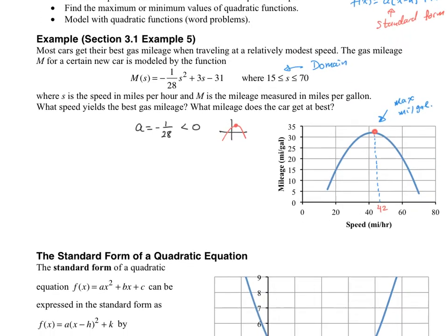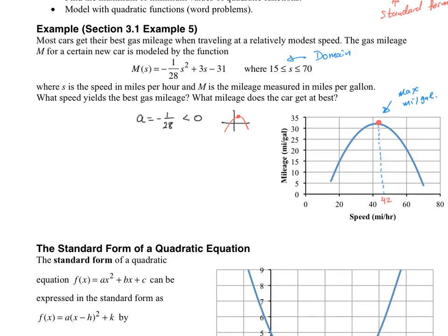Now, before we go to the next example that is talking about standard form, note, and this is very, very important, if the equation is in standard form, which is this form, then the coordinates for the vertex are (h, k).